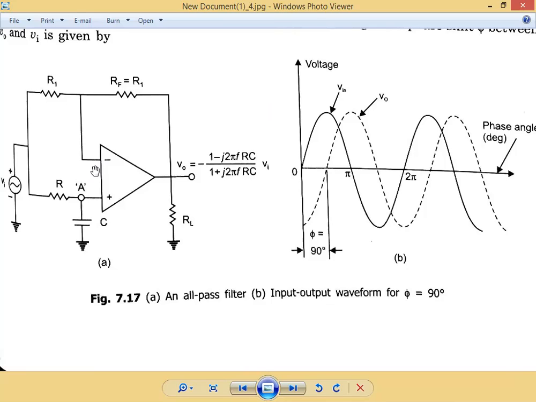Here we give the input signal to both terminals of the op-amp: to the inverting terminal through R1, as well as to the non-inverting terminal through R and a capacitor, which is nothing but a low pass circuit.